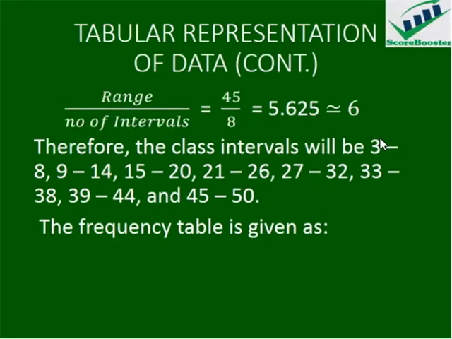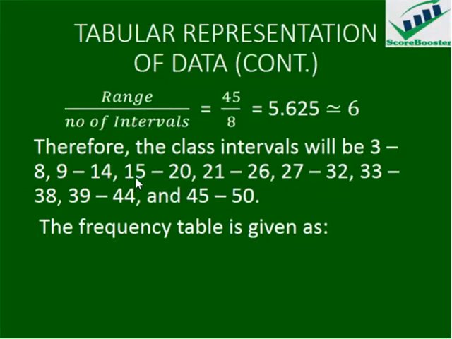So now we already know the classes. So this first class will be for those that have marks between 3 and 8. That is those that have 3 marks, 4 marks, 5 marks, 6 marks, and at most 8 marks. So this one we have marks to be at least 9 and at most 14.